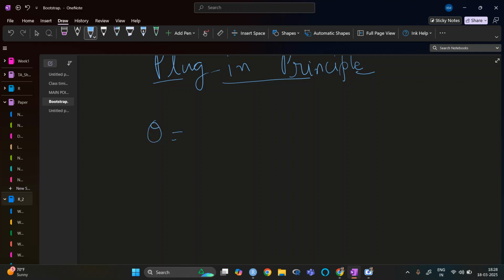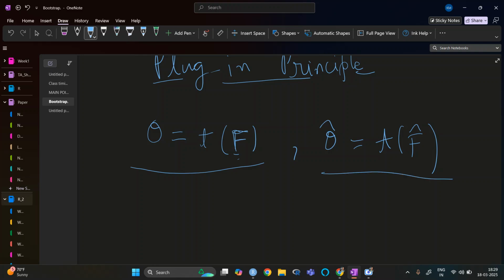So theta is our parameter, then we do it with T of F. We estimate this function of the probability distribution F, the same function, and we say that the estimate will be equal to T of F cap. So these are the estimates.